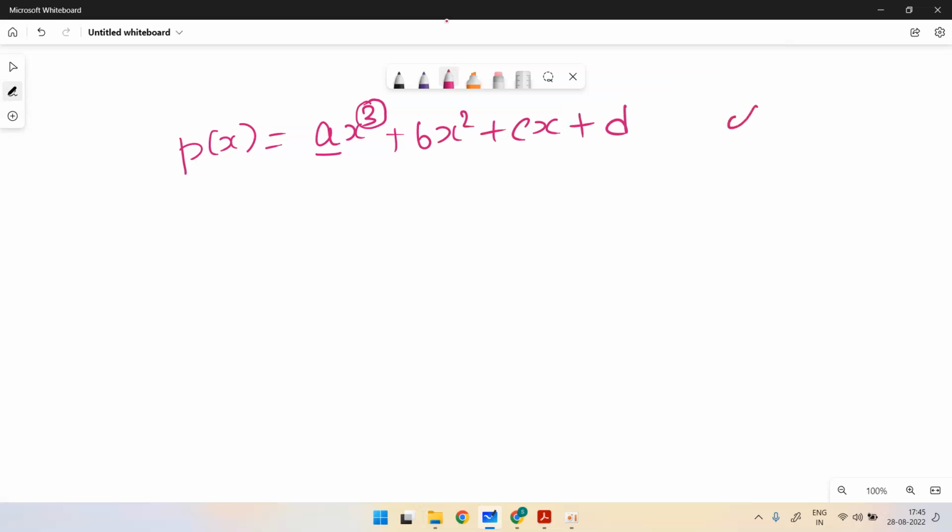Remember, a is always the coefficient of the larger degree. Let alpha, beta and gamma, since the degree is 3, be the three zeros of the polynomial p of x.